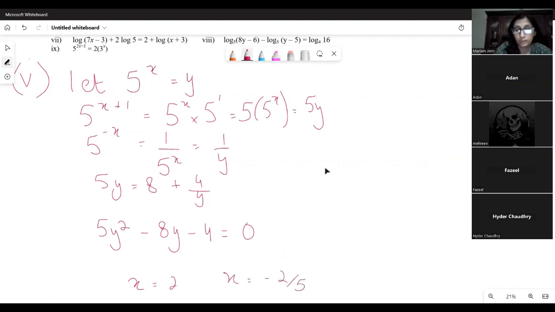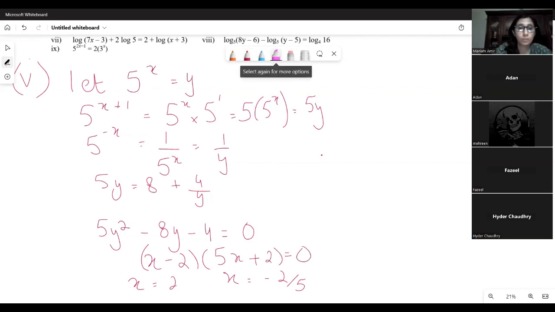I'm going to take that one step back. This is very important if you're directly using a calculator. So y minus 2 in one bracket, and for the second bracket, first 5 goes to the other side, it becomes 5y, and then minus 2 goes to the other side, becomes plus 2 equals 0.